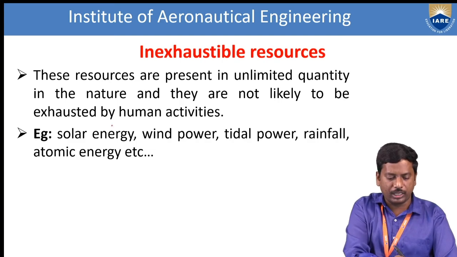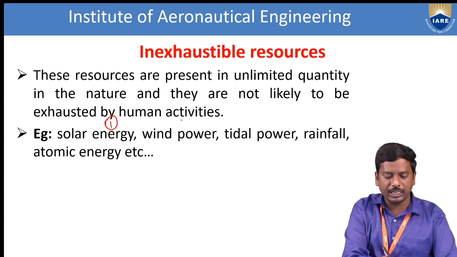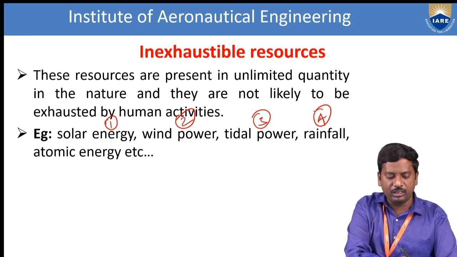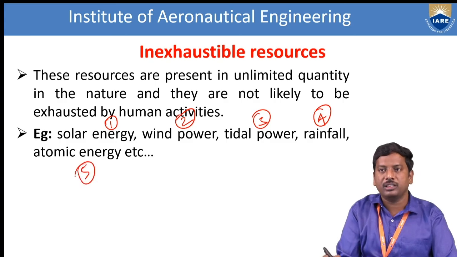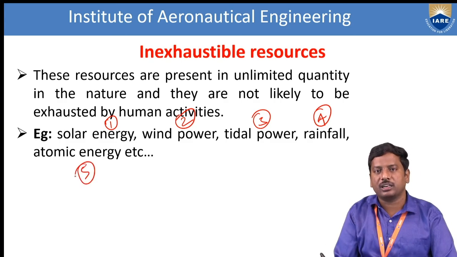So first one is solar energy, second one is wind power, third one is tidal power, fourth one is rainfall, and fifth one is atomic energy. All these energies come under the category of natural resources, but have the property that they are present in unlimited quantity. They are inexhaustible.